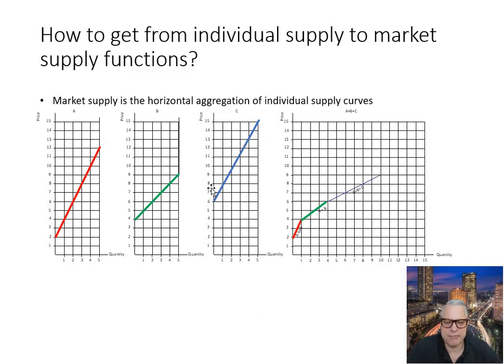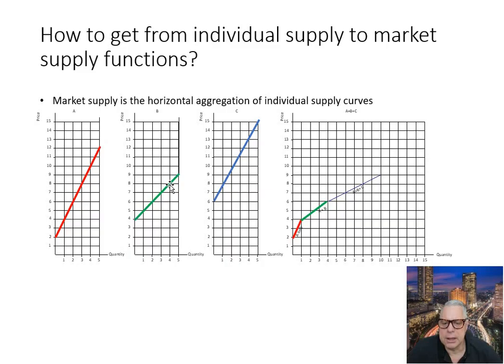Okay, so next, at a price greater than 6, we obviously have all three producers supplying. So let's take a price, maybe 8. At the price of 8, A's quantity supplied is 3.